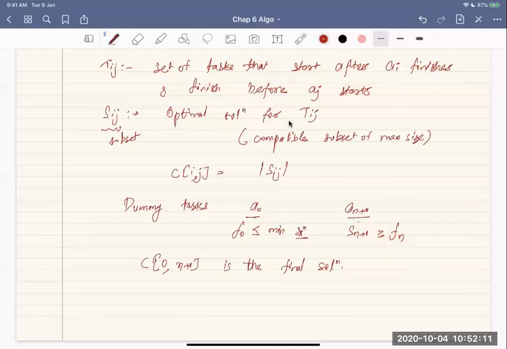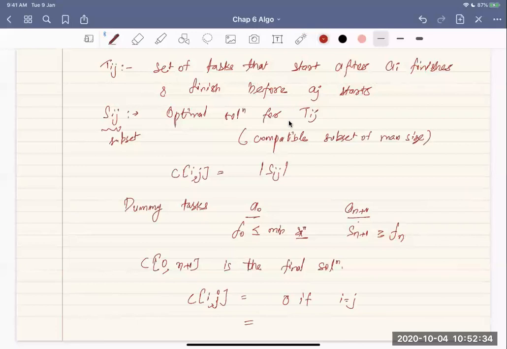Now I have to understand how to compute Cij, just like we do in dynamic programming. So how do we compute Cij? If i is equal to j, then this is 0. There is no activity you can choose.